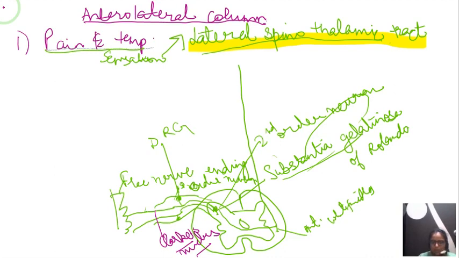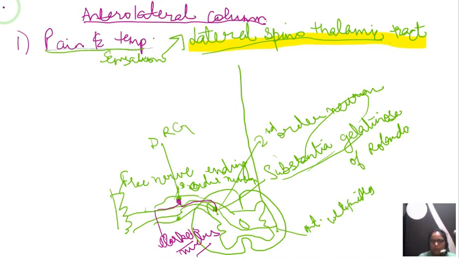From here it goes to the dorsal root ganglion. I am adding this point, and then it moves towards. I did not tell you earlier, otherwise you would have got confused, so I am telling you now. So from the free nerve ending, it goes to Clark's nucleus, and from Clark's nucleus it is proceeding like this.